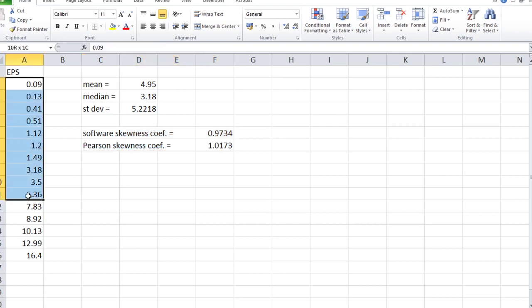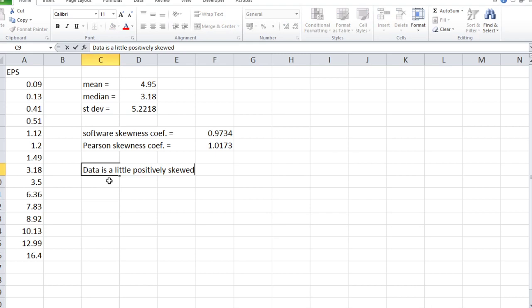And if the data is symmetrical, these coefficients are going to be relatively close to 0. So these ones are somewhat positive. So the conclusion here is that the data is a little bit positively skewed. Not extremely, but it's a little bit skewed positively.